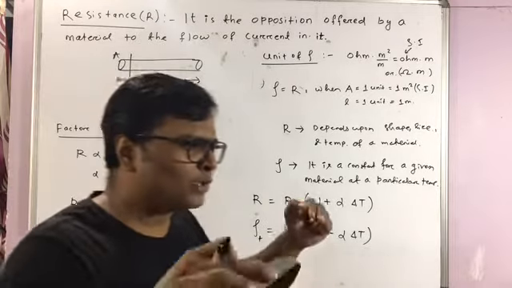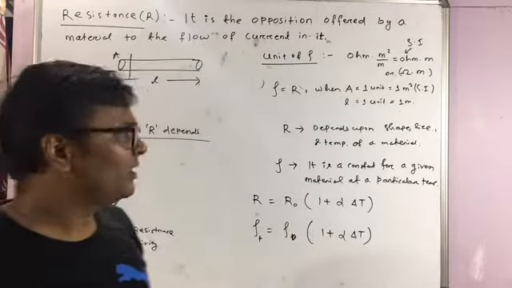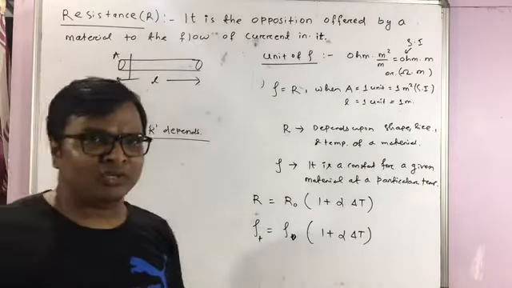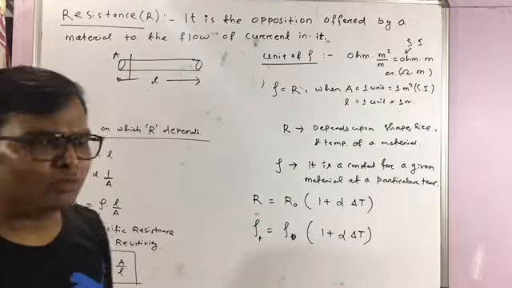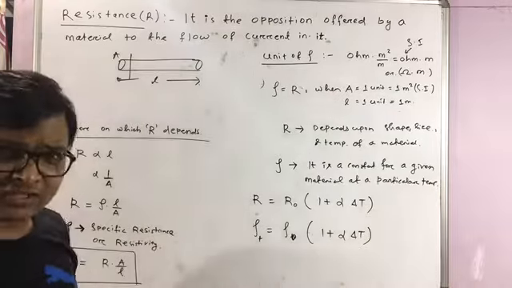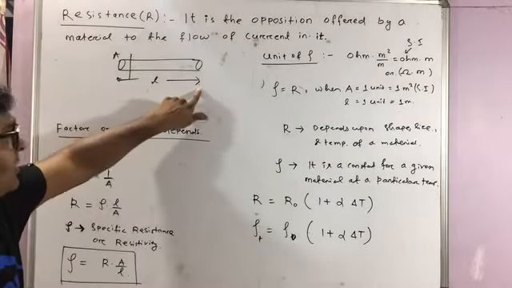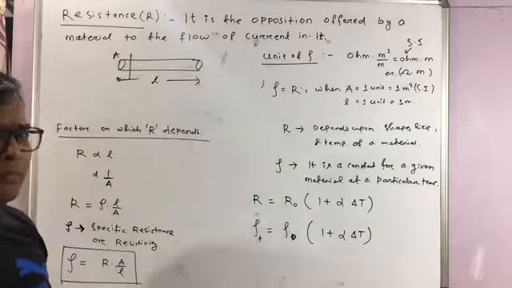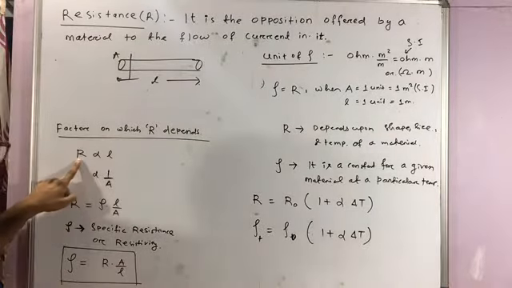It's a collision of the field, we can say. Because of the collision, that opposition comes into picture, and that opposition is your resistance. So if the length of a conductor is more, then the number of collisions suffered will be more, so the resistance will increase.